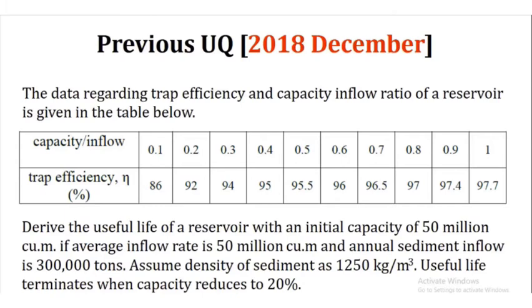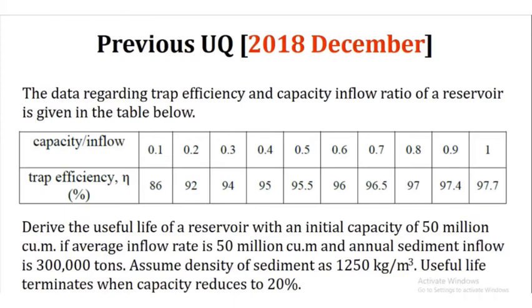Then there is annual sediment flow, that is even in the inflow there will be sediments. So how much sediment is coming each year will be given as 300,000 tons.